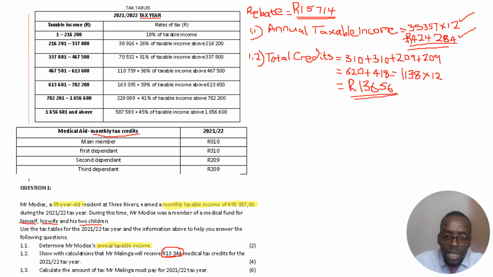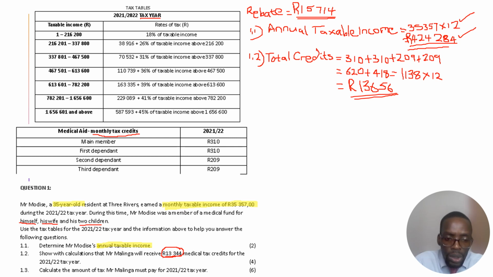Remember, the main member is 310, the first dependent is 310, the second dependent is 209, and the third dependent is 209. If you add that, you get your monthly tax credits, and then you multiply that by 12, and your answer is 13,656. So that's just some correction there.